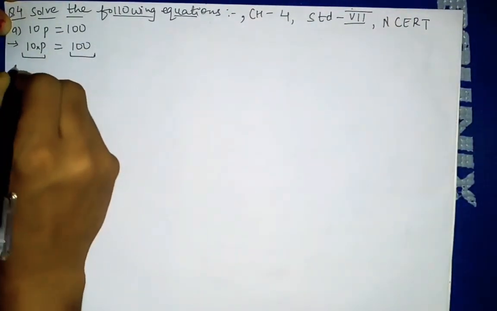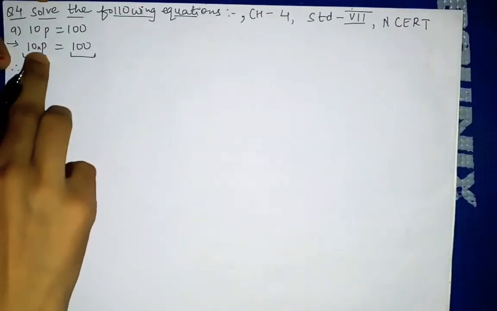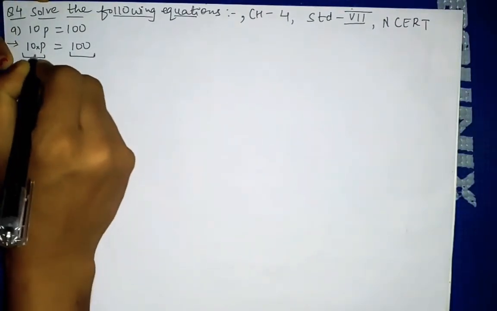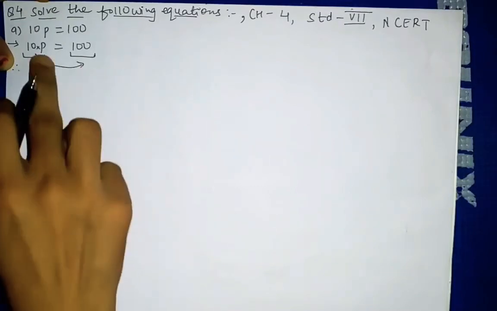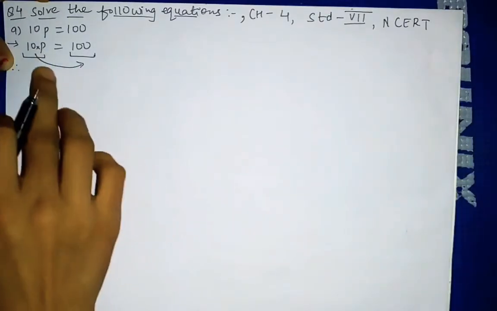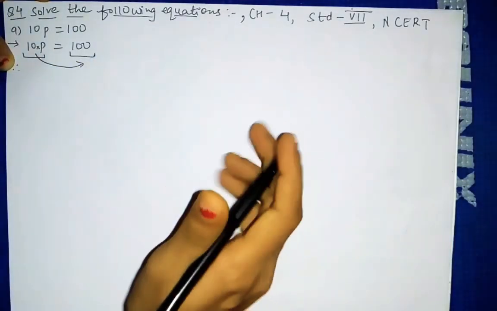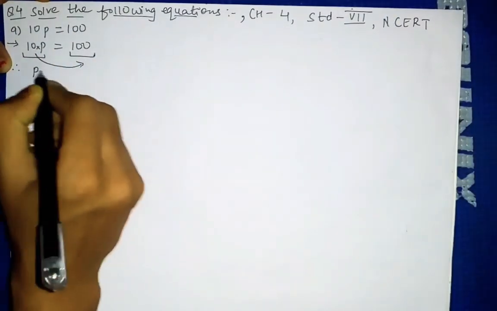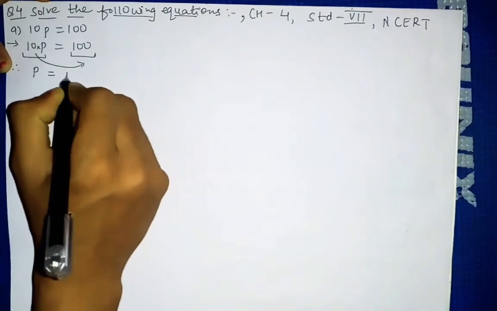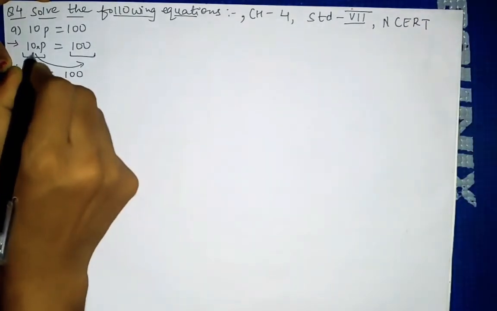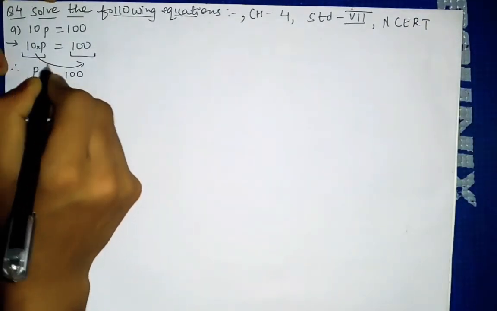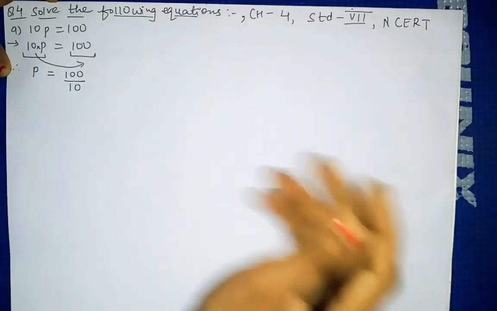Now this 10 is in multiplication, so we have to take it to division. On this side it will go in the denominator. Whatever 10 is given in multiplication will go in division. So on this side only p will be left, and on this side 100 was there, and this 10 which is in multiplication we are taking to division.